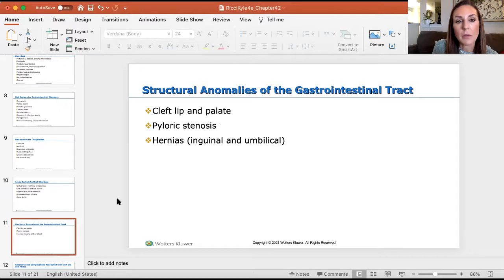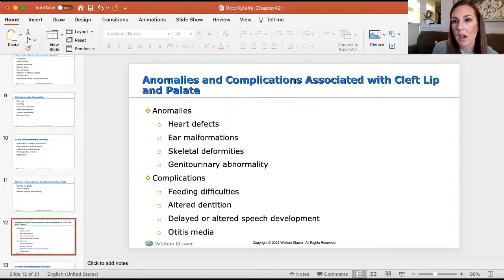Cleft lip and palate, we're going to talk about that in the GI chapter, but we're also going to talk about that again in our genetic chapter as well. So let's talk briefly about anomalies and complications associated with a cleft lip and palate.